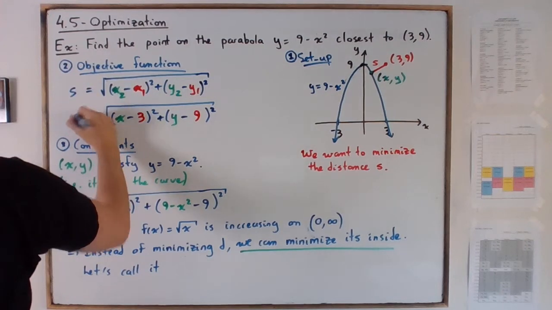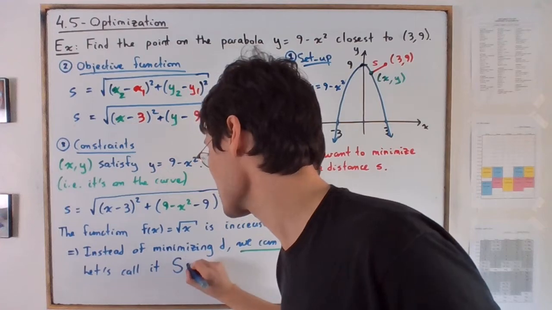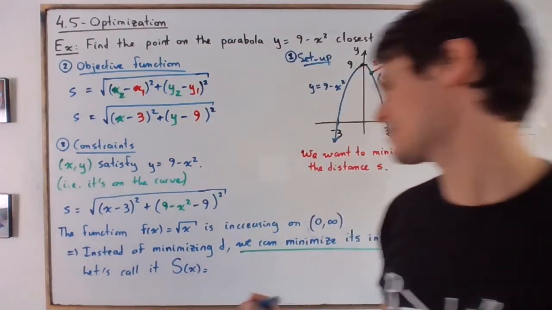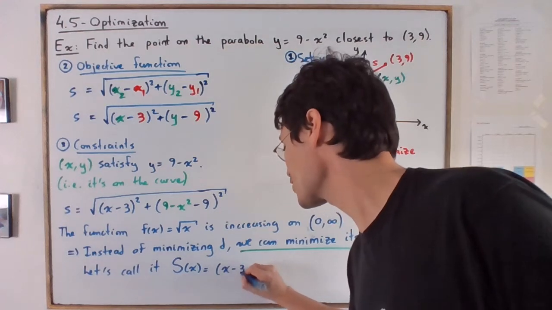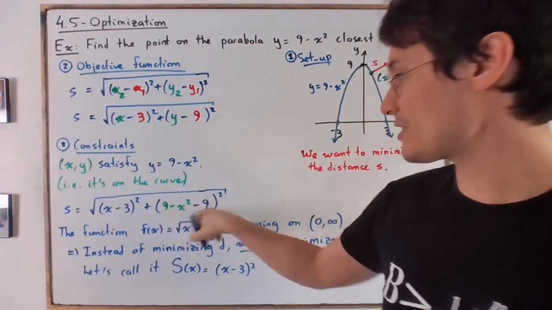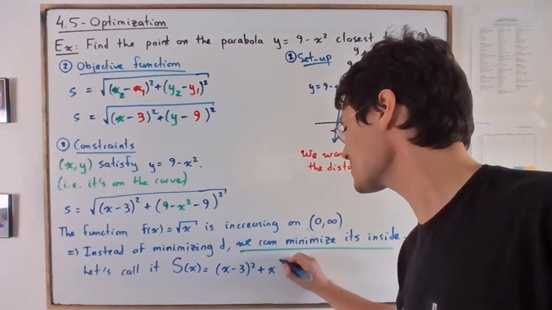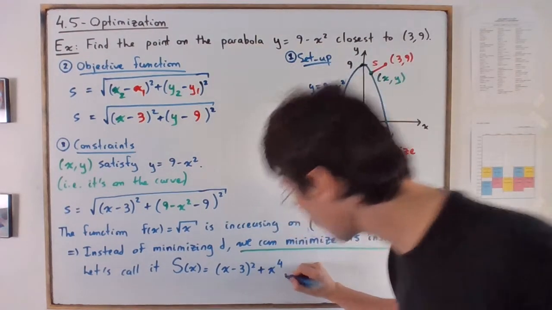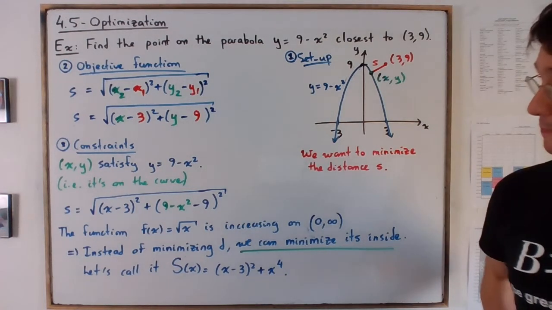So let's call it capital S. Okay, so capital S of x will be just the inside. Okay, so x minus 3 squared, and now the 9's will cancel, the negative will get squared. So we will get here plus x to the power of 4.